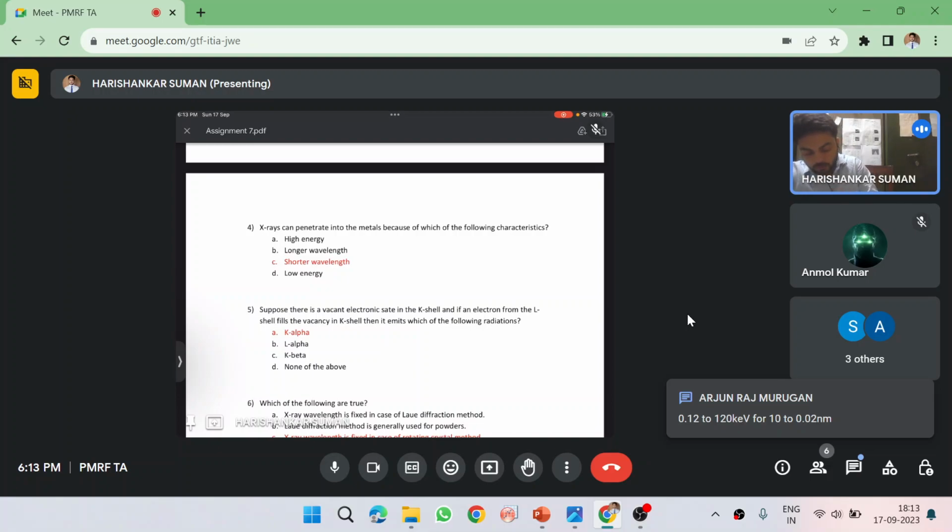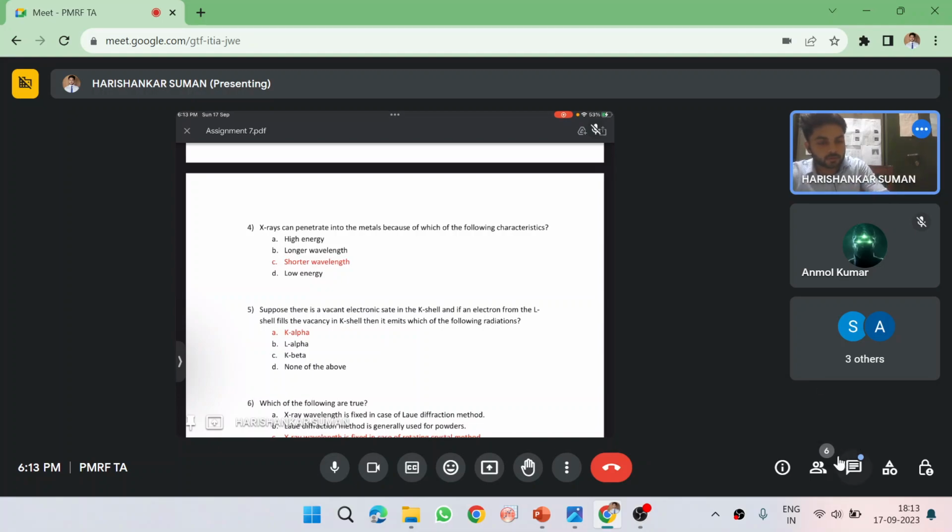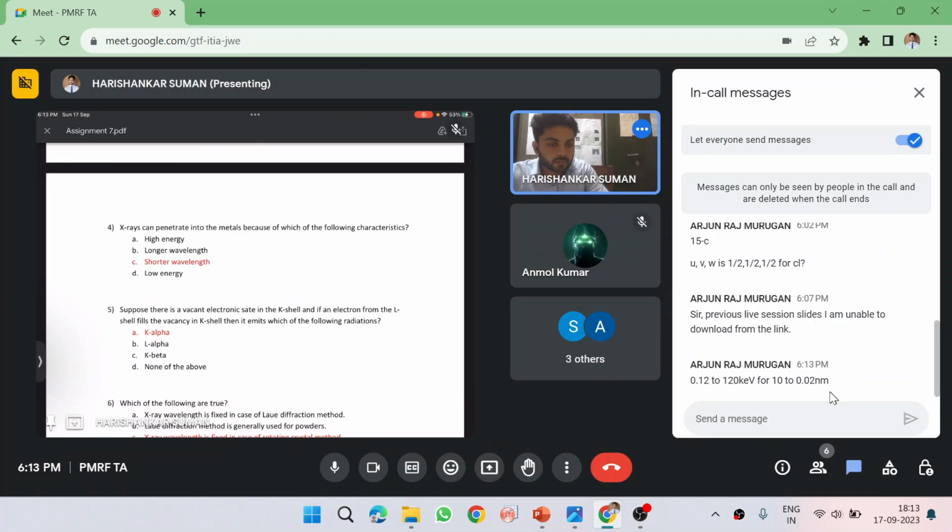Arjun, 0.122. This is the energy. Lambda for X-ray is 10 to 0.2 nanometer, 0 to 10. So energy will be, for the shortest wavelength, 120 kilo electron volt.